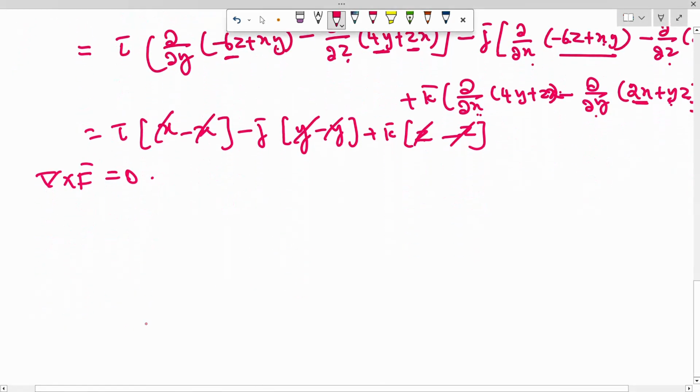Now we are going to calculate the scalar potential phi from the f vector equal to del phi. F vector equal to del phi.